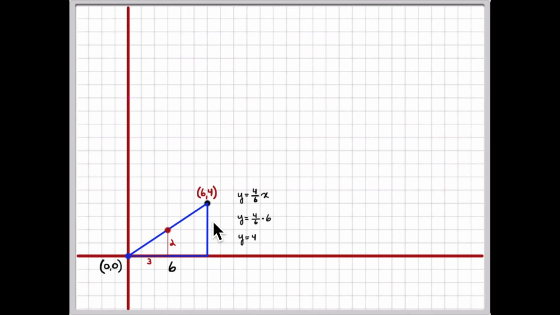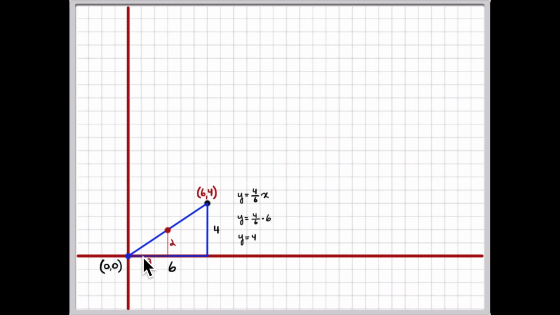Now, it has the same relationship. It's an equivalent fraction. It's just a simplified version. It's writing that same relationship with simpler numbers, 2/3. And it goes through this intersection right here. So this length along the y-axis, or the vertical length, is 2/3 of this length along the horizontal axis, or the horizontal length.